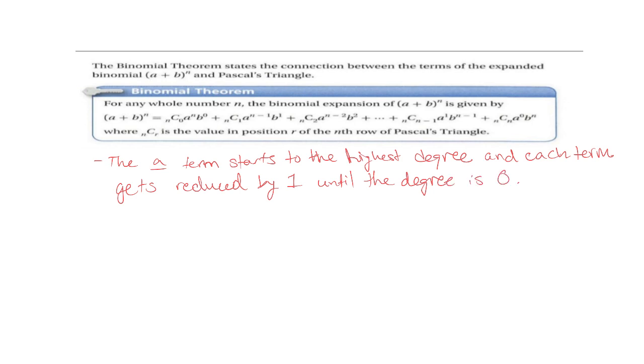So if the first term has an a raised to the 5th power, the next one's going to be a to the 4th power, 3rd power, 2nd, 1st, and then all the way to 0 power.